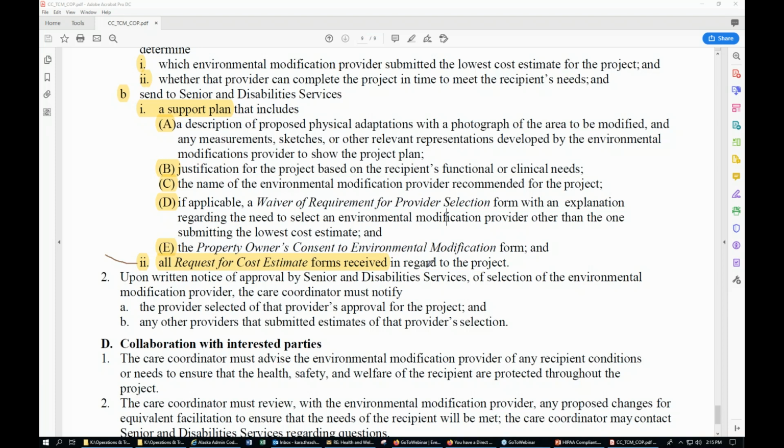So you will include in that support plan requesting an EMOD a copy of all request for cost estimate forms received. And that's going to SDS. So you're going to keep those things on file. When you get a couple of them, keep them on file. You're going to send those to SDS with this plan, with your request for the one provider to do the work, but we see all the other ones that send something, right?